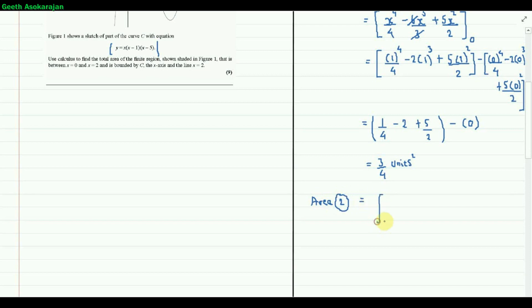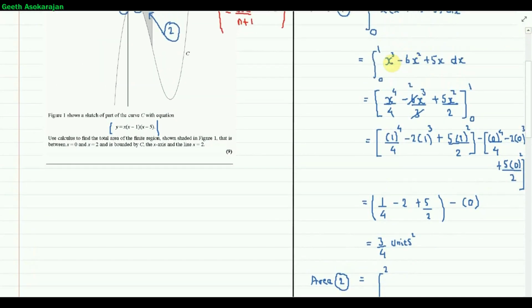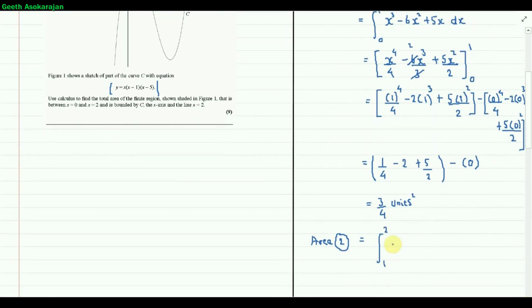So we're integrating between 1 and 2. Now y, we've simplified y, so we had x cubed minus 6x squared plus 5x. So let me copy that down. So x cubed minus 6x squared plus 5x with respect to x. And we've integrated earlier, and we had x to the 4 over 4.